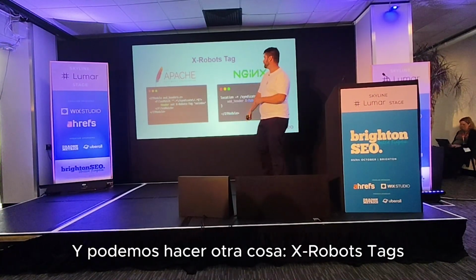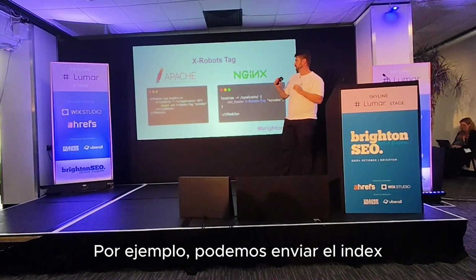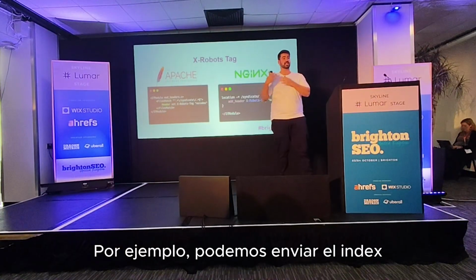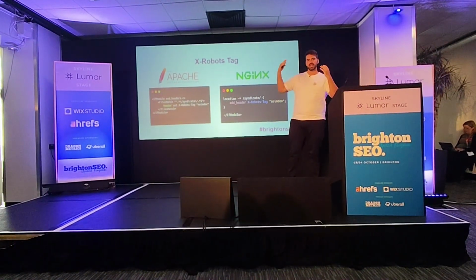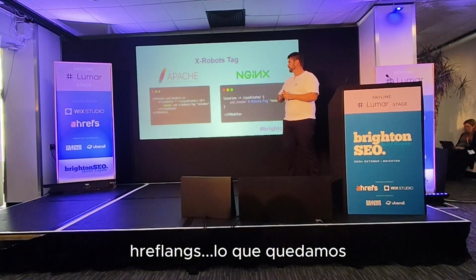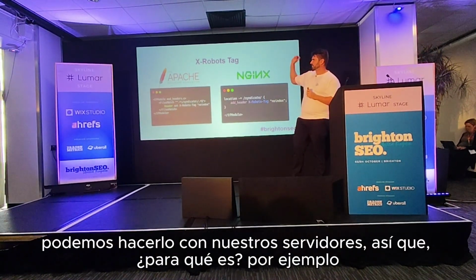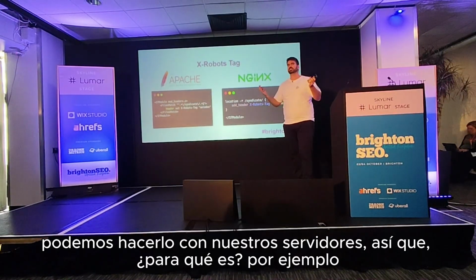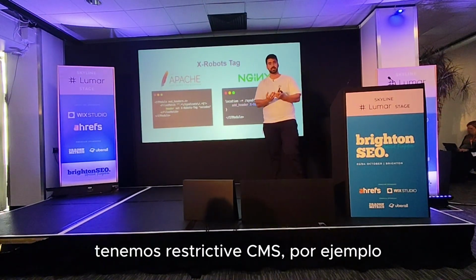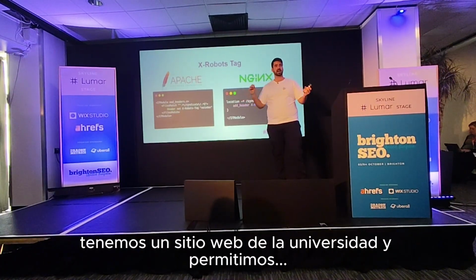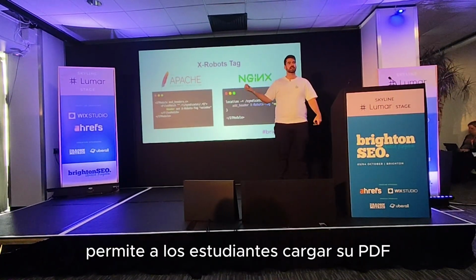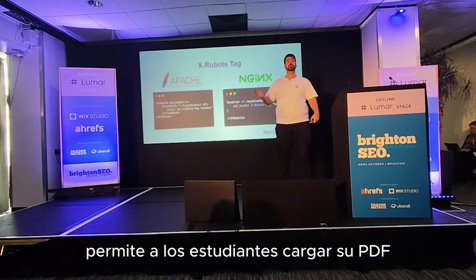And we can do another thing, X-Robots-Tag. For example, we can set index, follow, all the meta tags we want, so we can imagine, for example, hreflang, whatever we want, we can do it by our servers. So what is it for? For example, we have a restricted CMS. For example, we have a university website, and we allow our alumni and students to upload their PDFs.